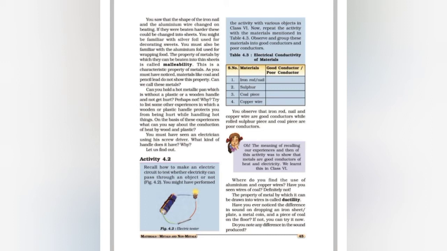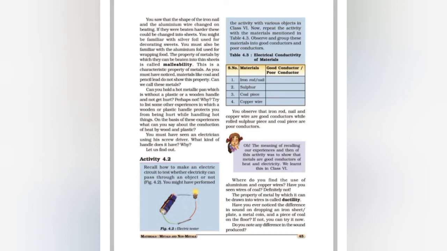Can you hold a hot metallic pan which is without a plastic or wooden handle and not get hurt? Perhaps not. Why? Try to list some other experiences in which a wooden or plastic handle protects you from being hurt while handling hot things. On the basis of these experiences, what can you say about the conduction of heat by wood and plastic?